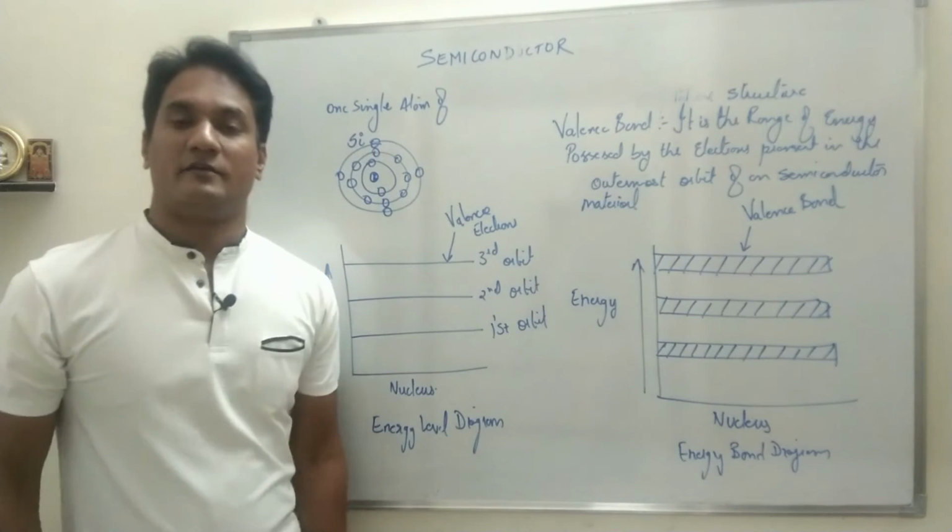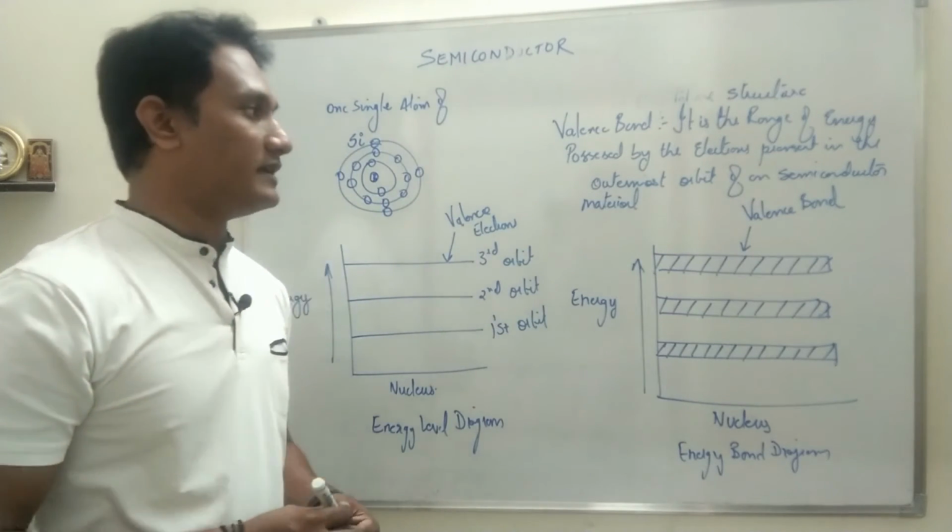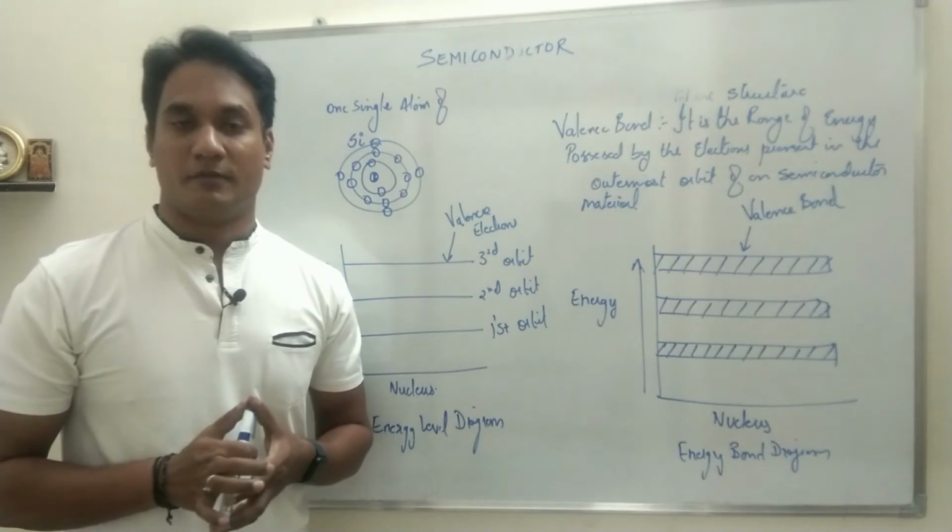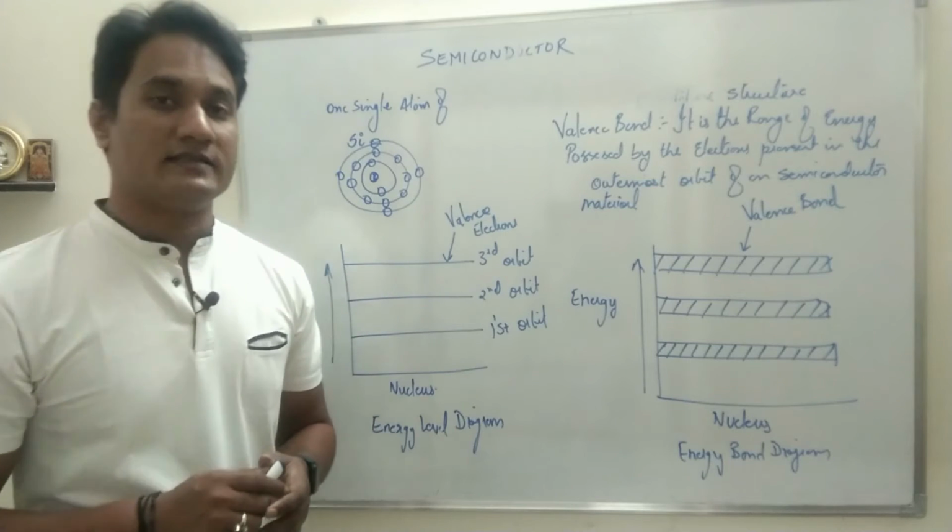Okay, so valence band is the range of energy possessed by the electrons present in the outermost orbit of a semiconductor material.